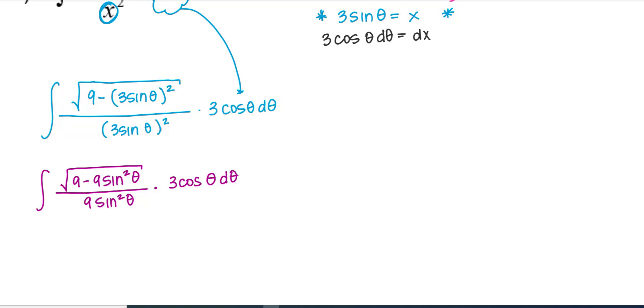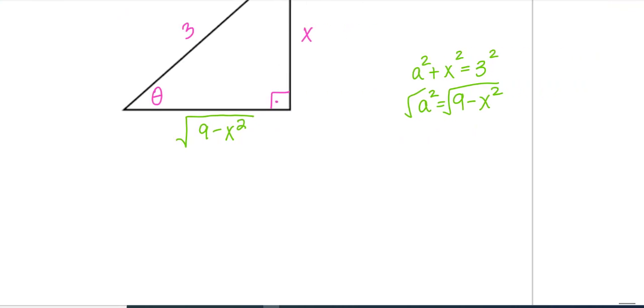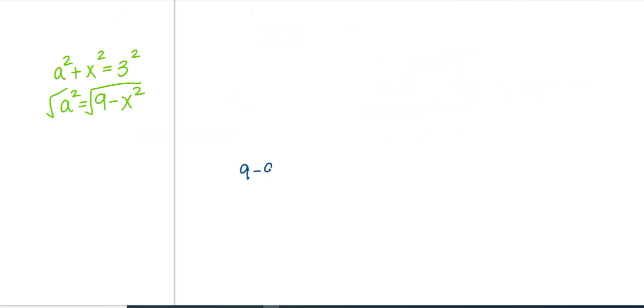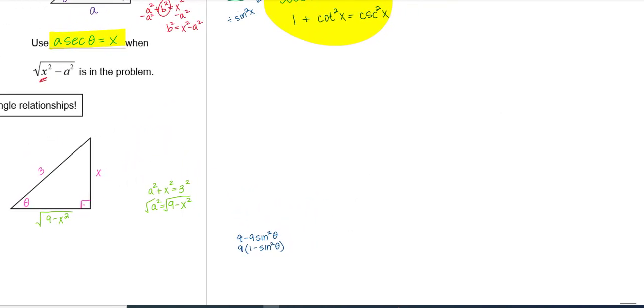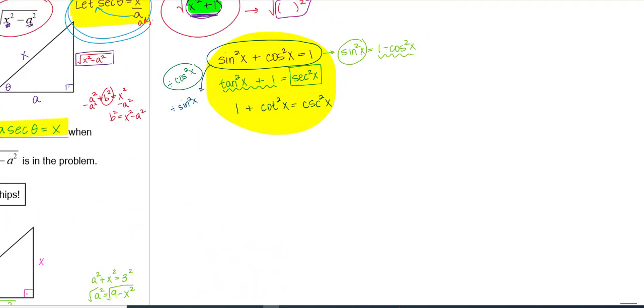Right now, I'm going to focus on this piece right here. If I take that off to the side, 9 minus 9 sine squared theta, I'm just taking this off to the side so you can see what this becomes. Hopefully you're able to see that I can at least factor out this 9. Well, now look what you have. Remember those Pythagorean identities from the beginning that I circled up here?